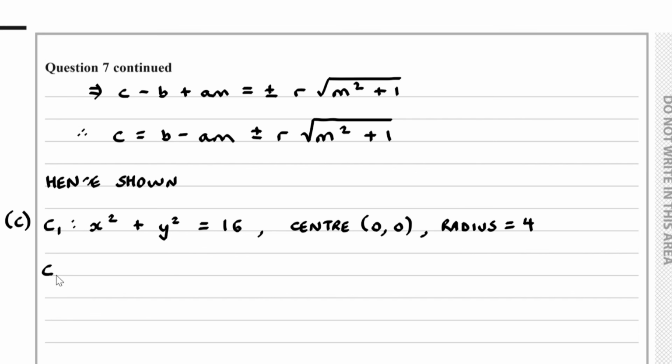And if we consider the circle C2, we have x squared plus y squared minus 20x minus 10y plus 89 equals 0.